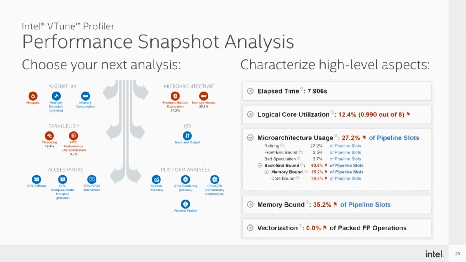In this case, we've done our performance snapshot. We get a quick and dirty, high-level description of what's going on. What's our utilization? How does the microarchitecture look? Are we memory bound? How well are we vectorized? And depending upon what we see, it directs you about what you could do next for a deeper dive.